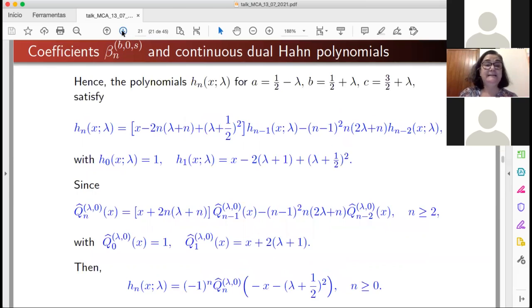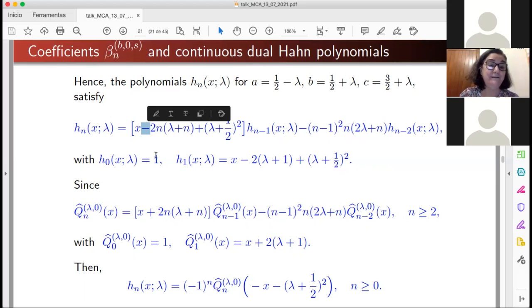So let's now see the two recurrence relations together. I put here the recurrence relation for the Hahn polynomial, and here the recurrence relation of the polynomials that we get, the Qn hat with lambda, 0, epsilon equals 0. So now it's quite easy to see. We have the same coefficient.